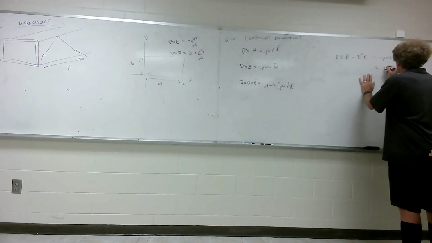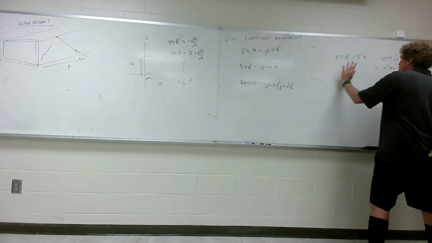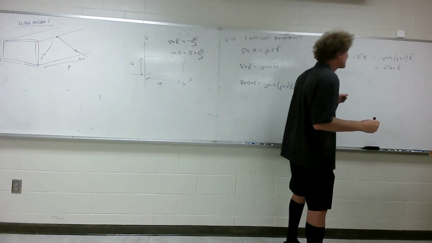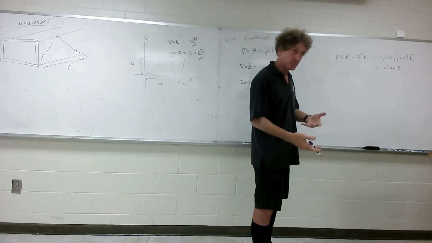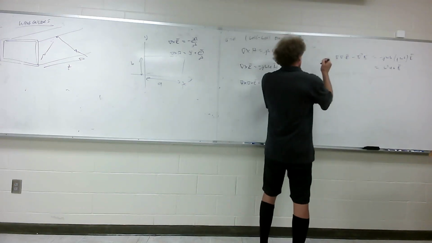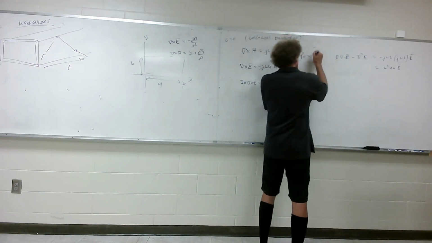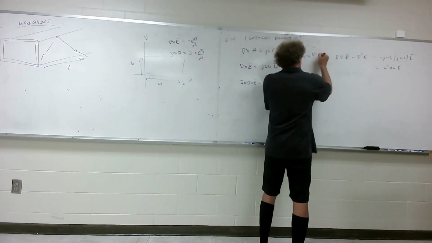So this becomes omega squared mu epsilon times E. And then on this side, we do one thing. I don't know how many remember this, but we have to make assumptions. One of the things we do is assume it's a charge-free region. And that means this is equal to 0.